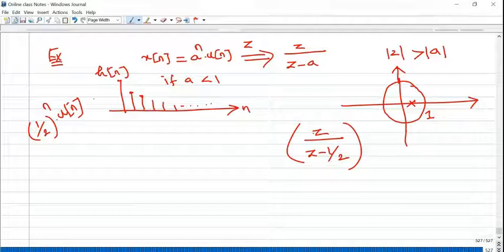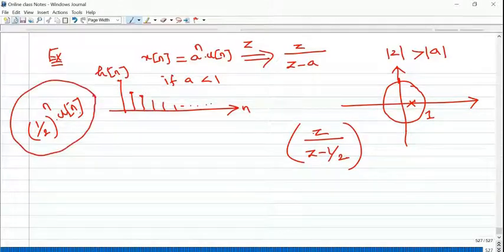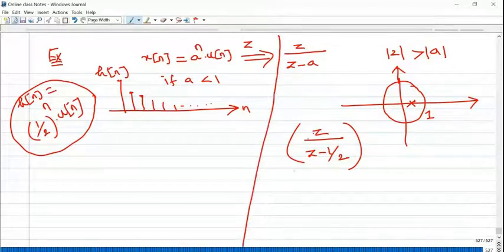So 1 by 2 power n u of n is a stable system. Suppose h of n, the impulse response of the LTI system, is 1 by 2 power n u of n. The summation from 0 to infinity of a power n gives a finite value, so this is a stable system. But now the question is, how to identify a stable system from the Z transform result?